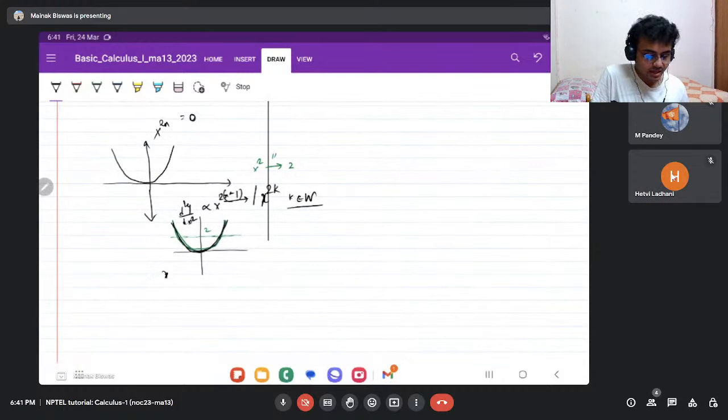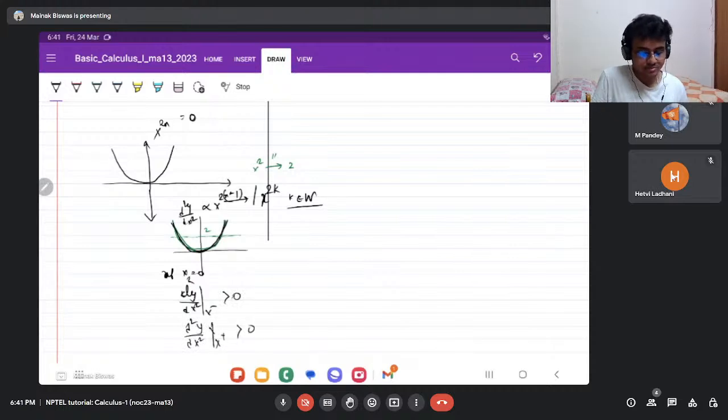So at x equal to 0, d2y/dx2 at x minus is greater than 0, and d2y/dx2 at x plus is also greater than 0. Therefore x equal to 0 is not an inflection.